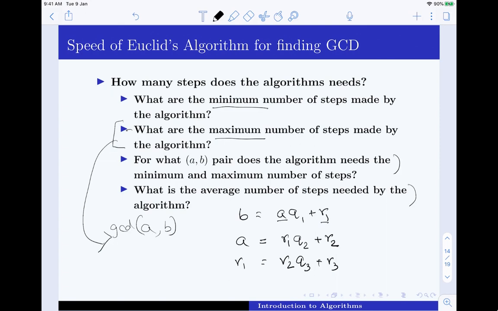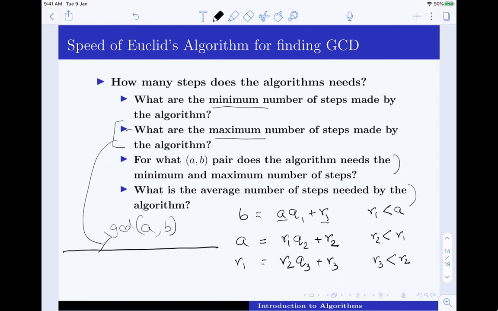Note that R1 is less than A. I also have that R2 is less than R1, and R3 is less than R2. So in some sense, something is going down, but I have to quantify by how much it is going down.